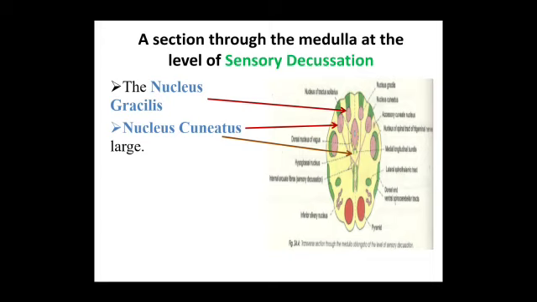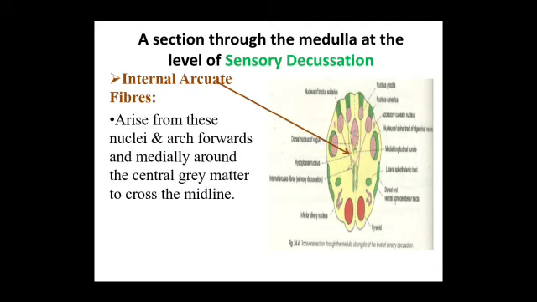The main sensory decussation arises from the nucleus gracilis and nucleus cuneatus. This gives origin to the internal arcuate fibers. The fibers arise from both the nuclei, that is the nucleus gracilis and the nucleus cuneatus.